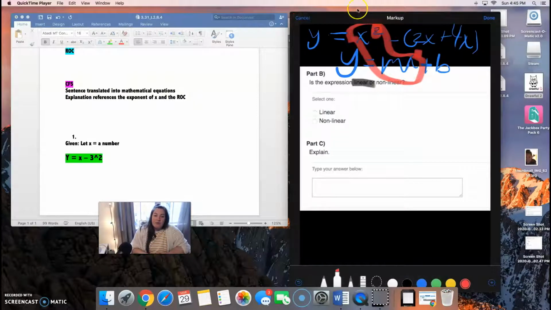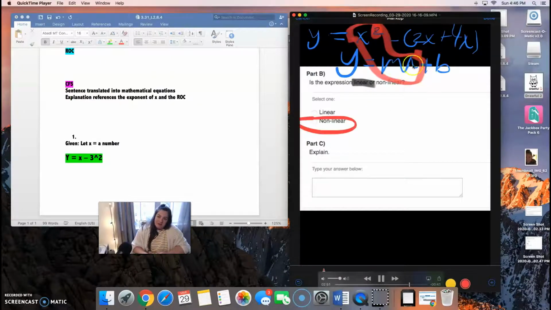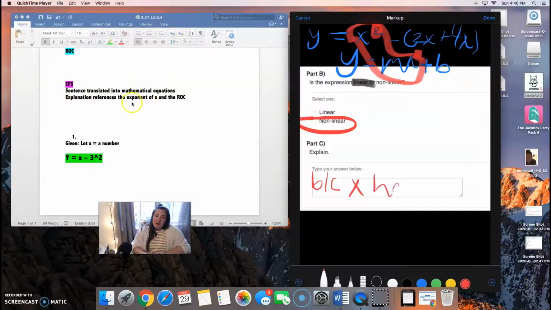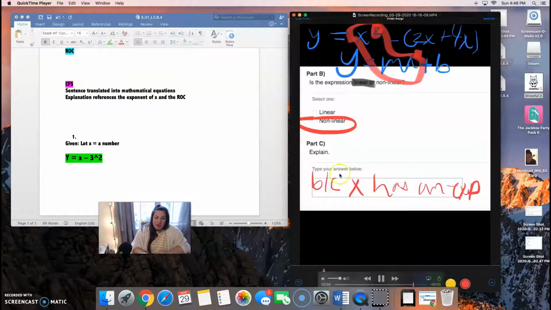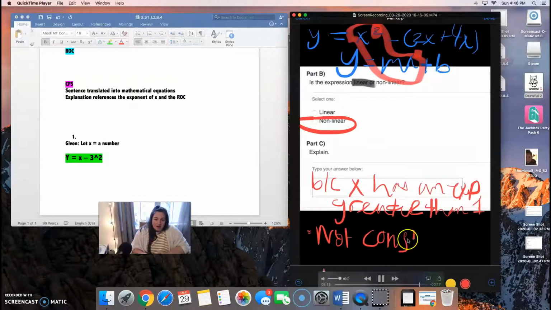Because this x has an exponent of 2, not equal to 1, this doesn't have a constant rate of change. So make sure you hit that CFS where you're referencing the exponent on the x as well as the rate of change. This is super messy; your answers will be complete and a lot more formal than what I'm jotting down here. It says because x has an exponent greater than 1, this is not linear, and it's not a constant rate of change.